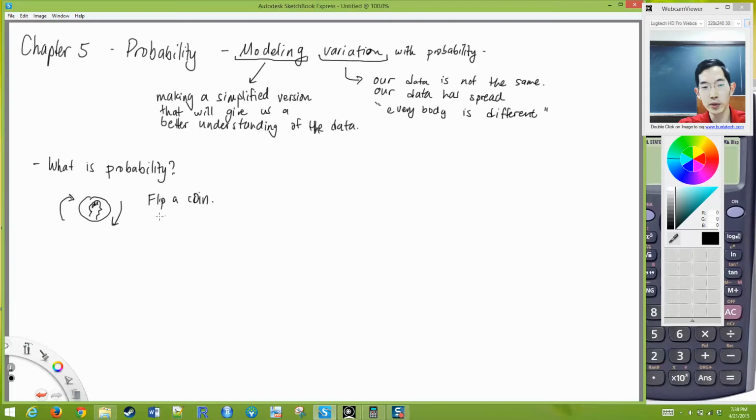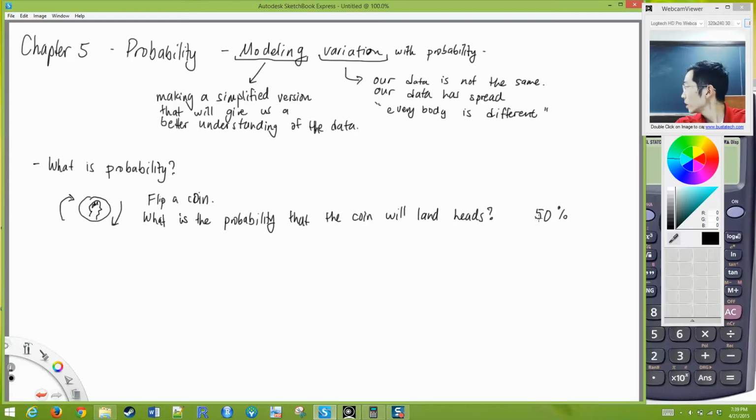And we can say, what is the probability that the coin will land heads? All right, so everybody knows this. Sometimes it's very difficult to write while talking. What is the probability that the coin will land heads? Okay? And so everybody says 50%, okay?